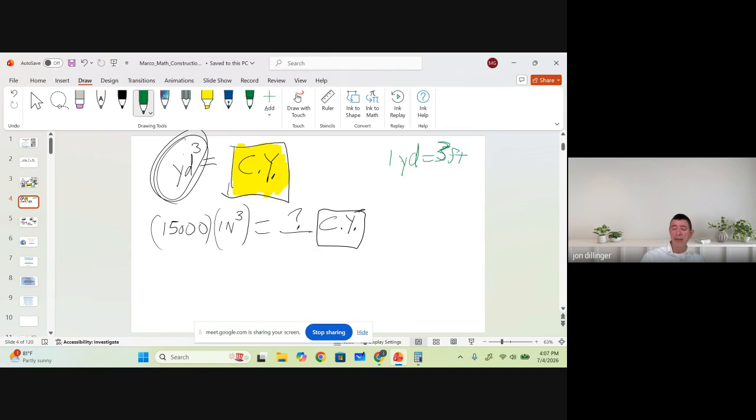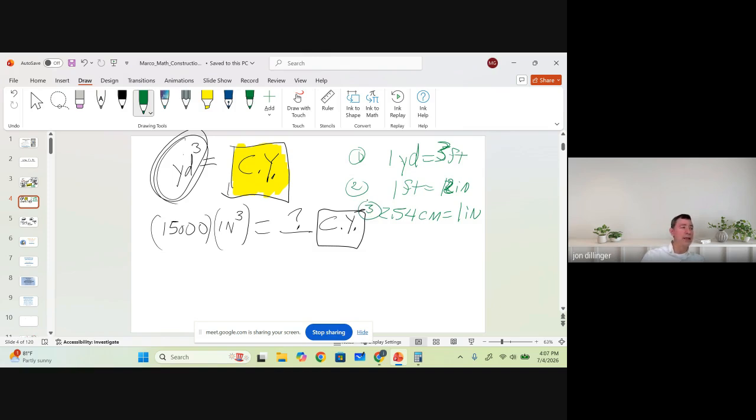Then 1 foot is equal to 12 inches. And then 2.54 centimeters is equal to 1 inch. So just know these conversions and you can do the rest.